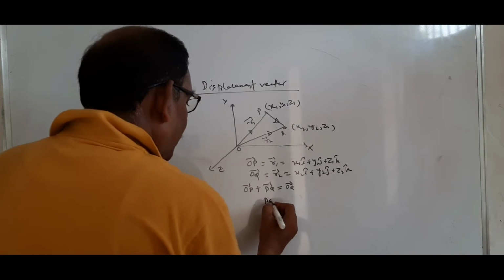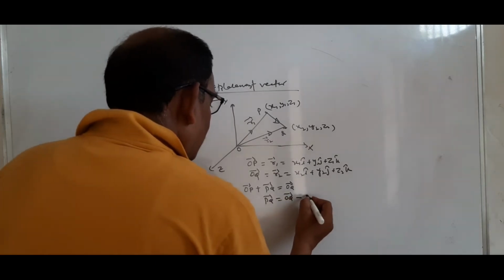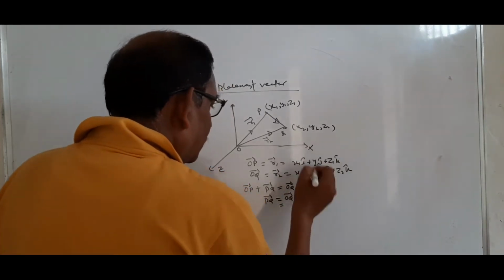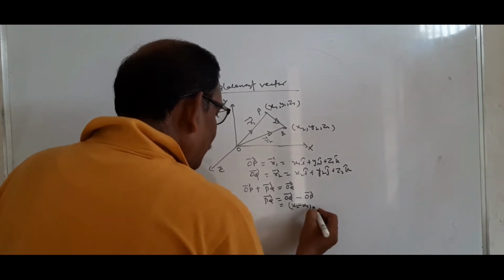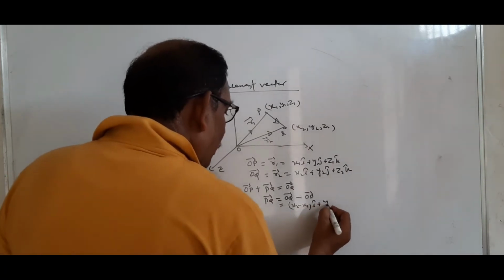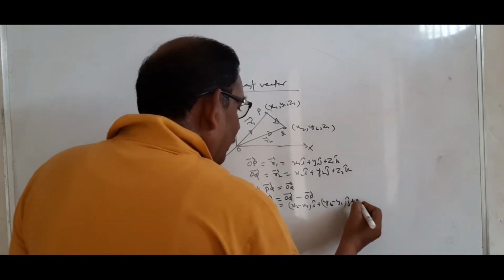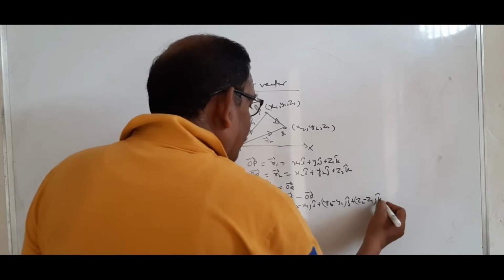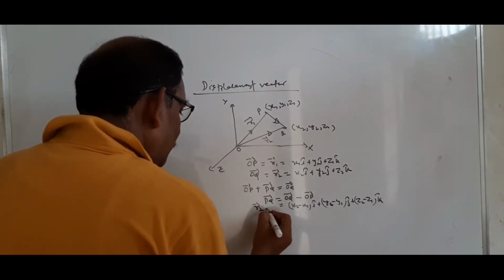So now PQ is equal to OQ minus OP. After subtracting, x2 minus x1 i cap, y2 minus y1 j cap, z2 minus z1 k cap. Or simply write r2 minus r1.